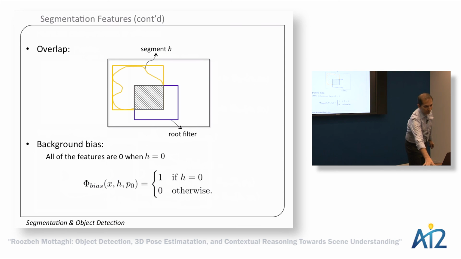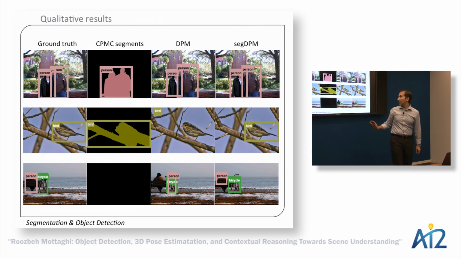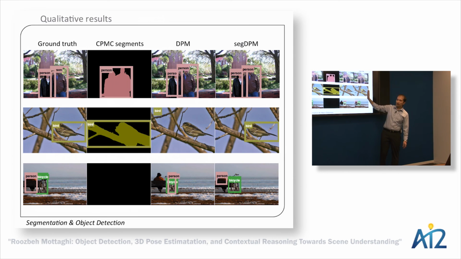In terms of qualitative results, this is the ground truth that we have for detection. This is the output of the segmentation method that we use. For example, there's a mistake here for detecting the bird. And this is DPM, which is a standard object detection method in computer vision. The last column is our method.